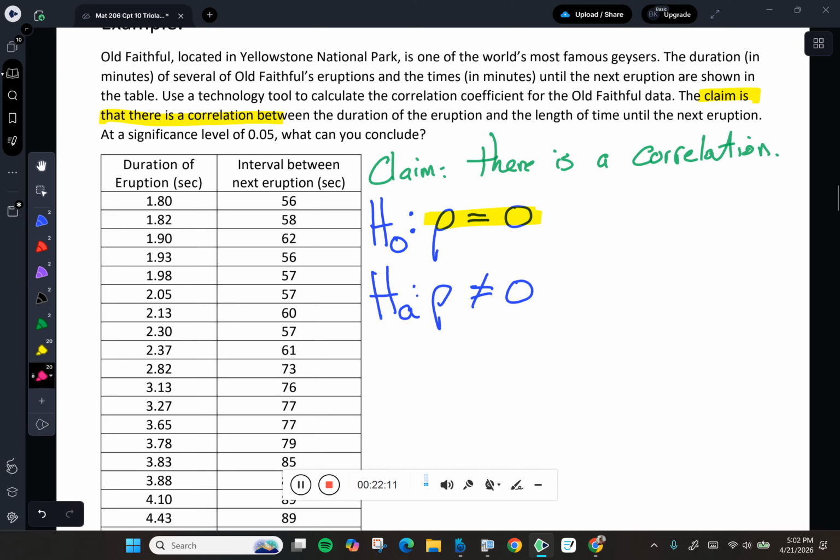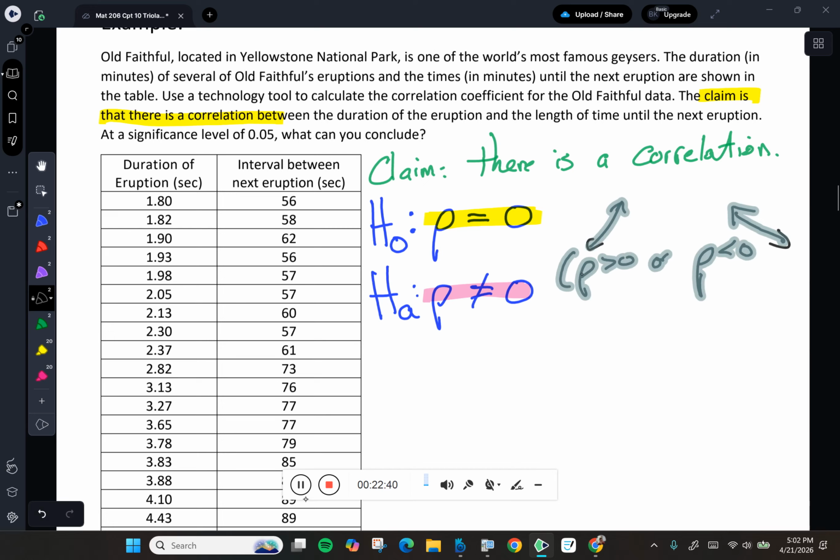Saying that rho is not equal to 0, and what's hidden in that statement is that rho could be positive, meaning the line goes up, or rho could be negative, meaning the line goes down. So saying rho is not equal to 0 is equivalent to saying that there is some sort of correlation, and it could be significant.